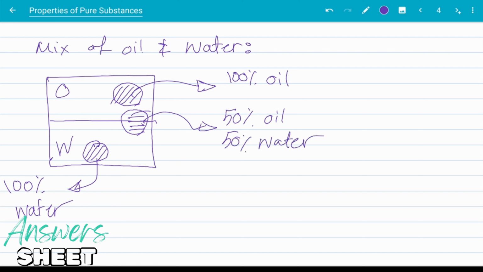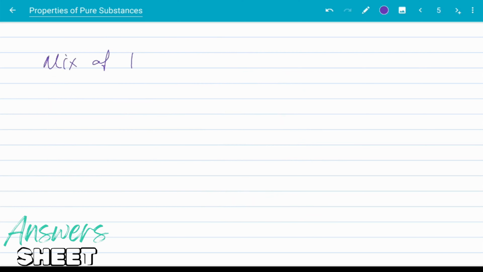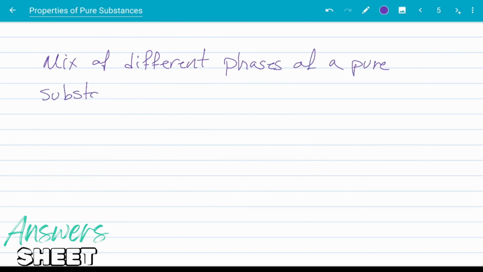Now, as you can see, the chemical composition at these three different locations inside this mixture are different. So it is not a pure substance.